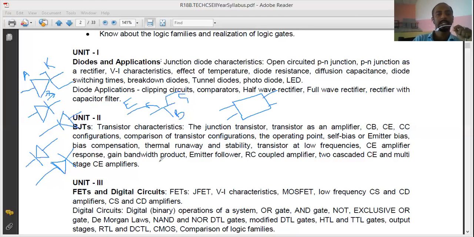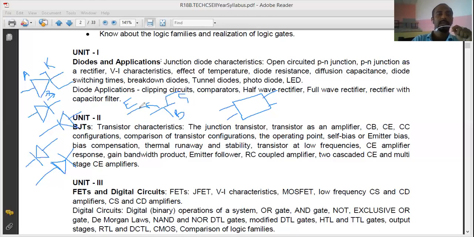But I have only 3 terminals. So therefore, we have something called the configuration of the transistor. That means one of the terminals I will be using as a common for input and output. If I'm using the base as a common, I will be applying input between emitter and base, and taking output between the collector and base. So that becomes your CB configuration, or common base configuration.